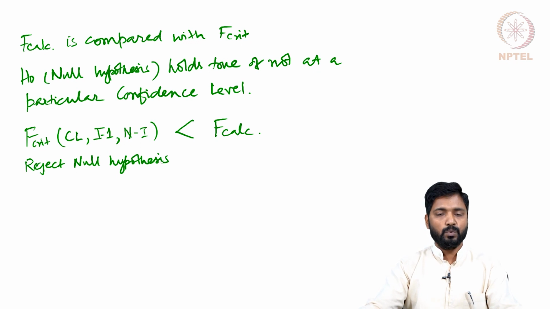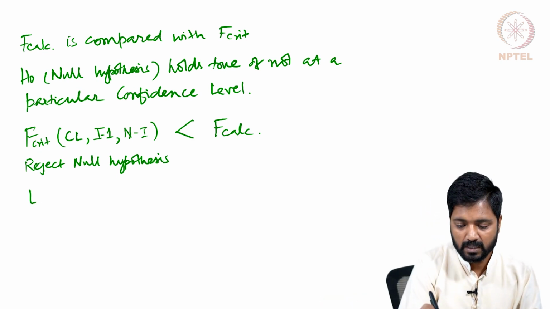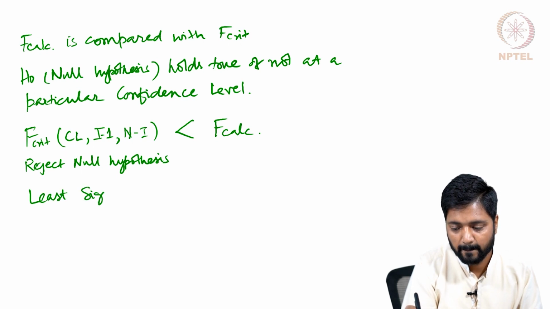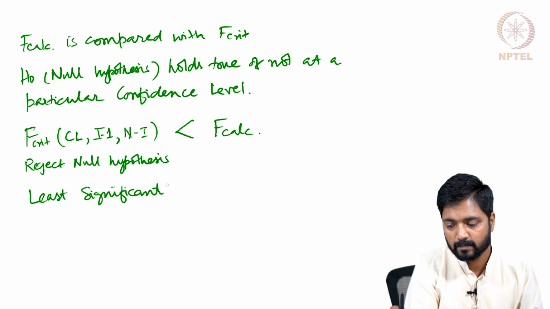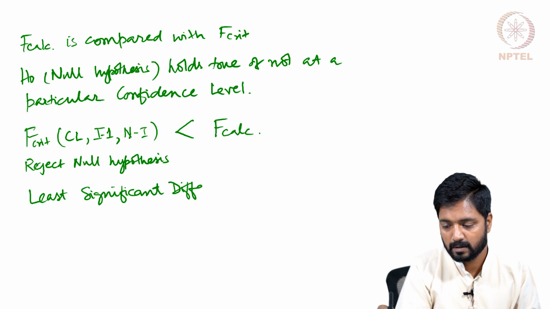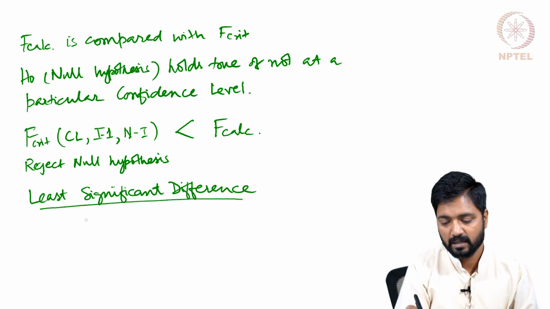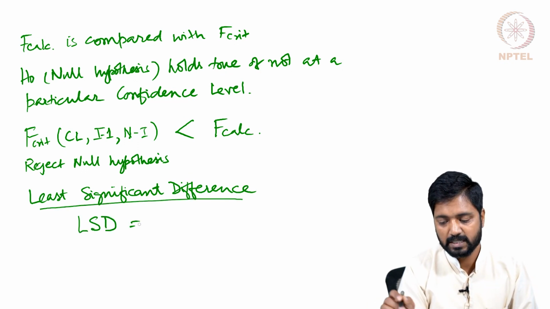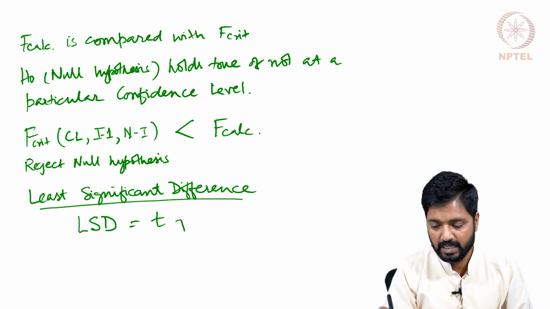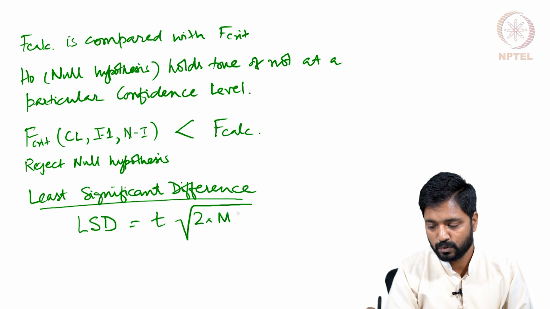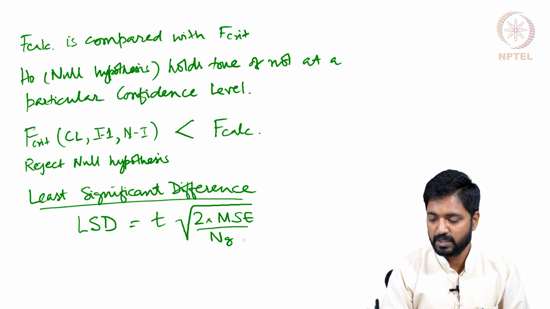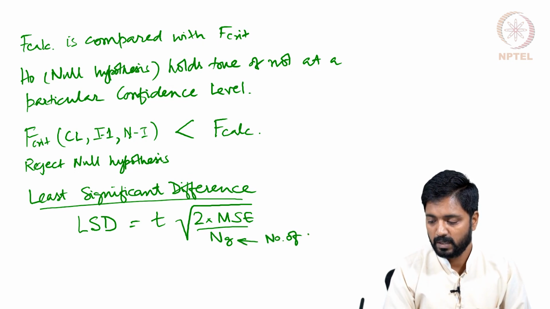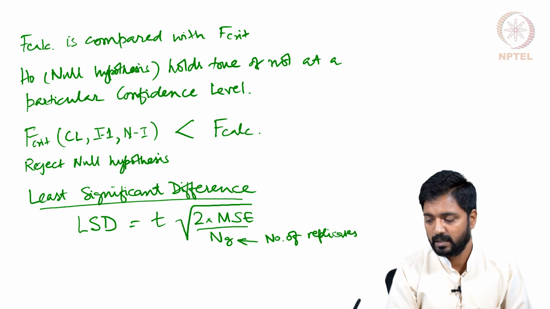To quantify which of the groups are actually different, we use what is known as the least significant difference, and we calculate this value as t times the square root of 2 times mean square error divided by ng, where ng is the number of replicates in each group.